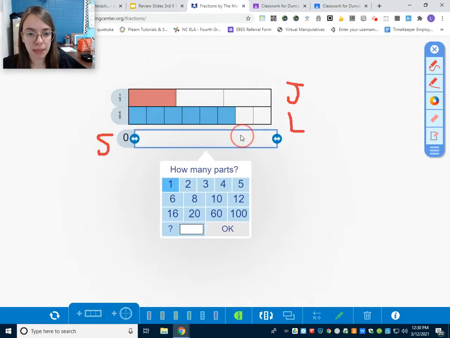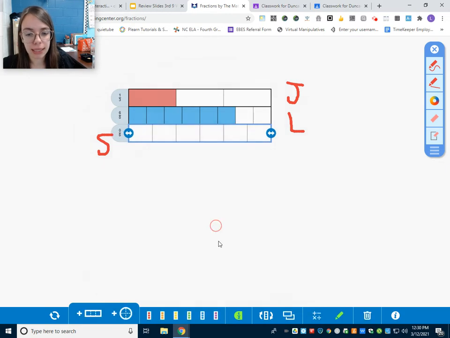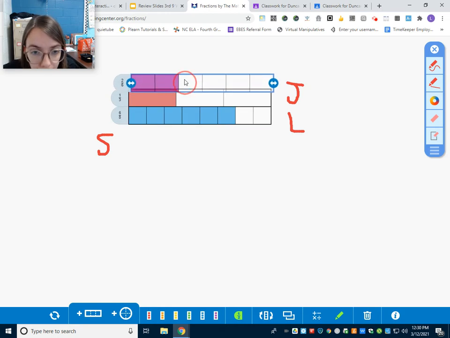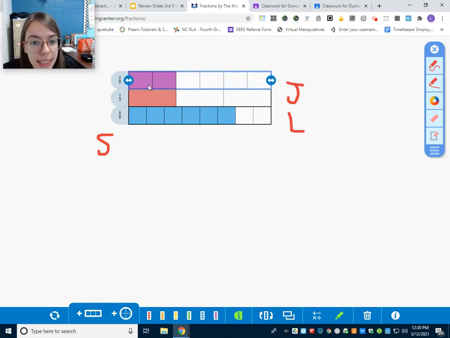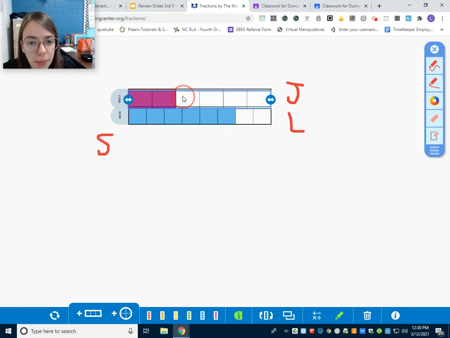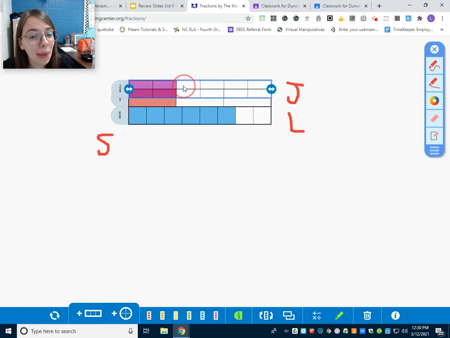So 6 is my denominator, so I'll click on 6, and I'm going to shade in 2 parts because 2 is my numerator. Ooh, if I look carefully at this, I see that 2/6 looks to be equivalent to 1/3. But I can actually move my tool and see, oh yes, they are exactly the same. And I can even lay them on top of each other to see they are the same.